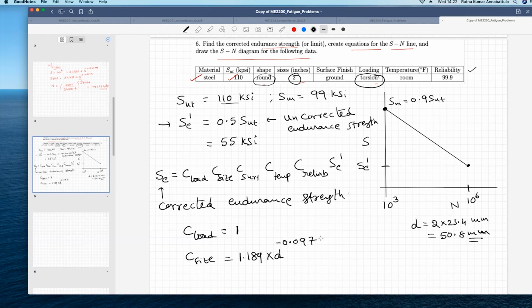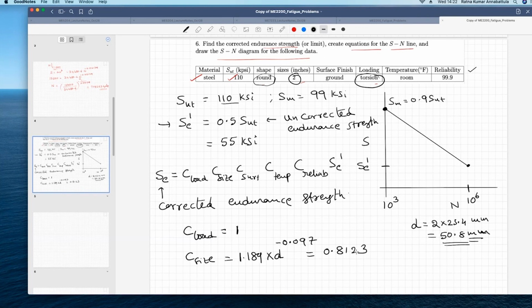Here you need to apply correction factor because this diameter is greater than 8 mm and less than 250 mm. So that would be 1.189 into 50.8 to the power minus 0.097. If you calculate, that comes out to be 0.8123. That is your size factor.